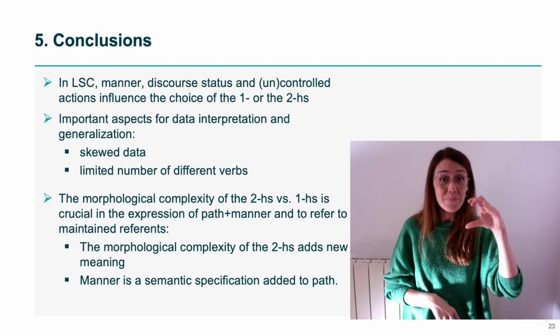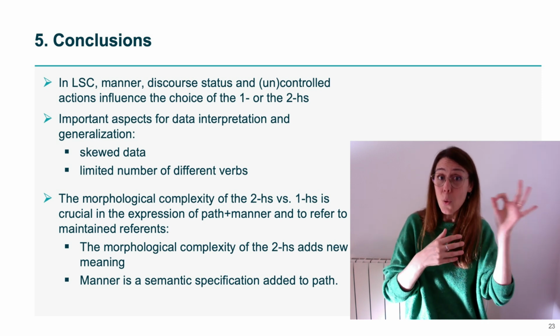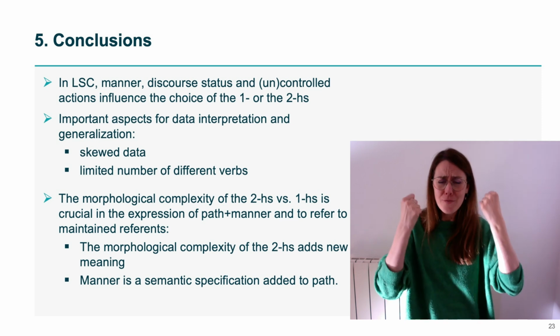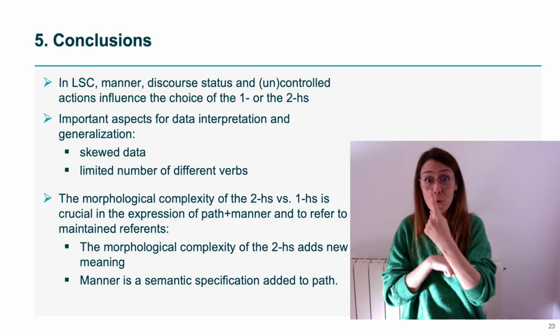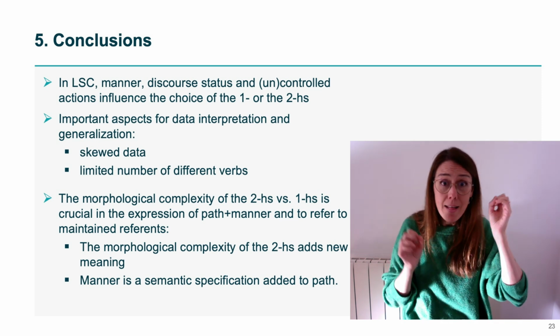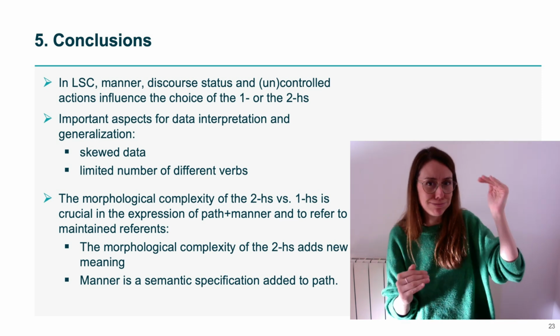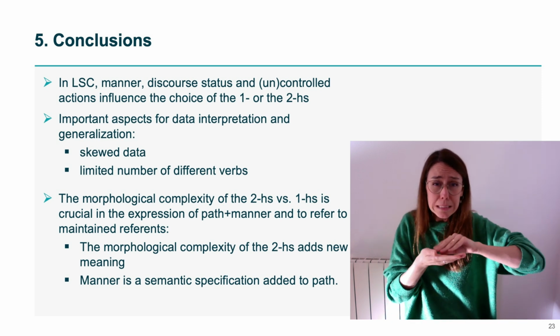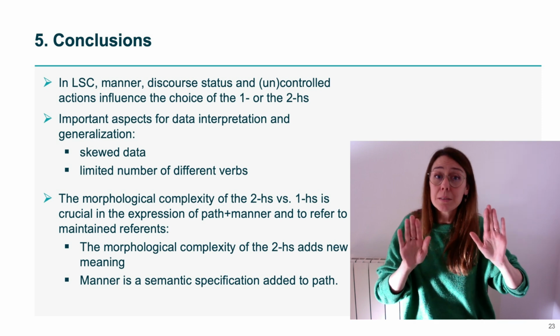Concluding, in Catalan Sign Language, manner, discourse status, and whether the action is controlled or uncontrolled are the factors that influence the choice of the one or the two hand shape. But it's also important to remark that the data presented here were skewed, and that also there was a limited number of different verbs.